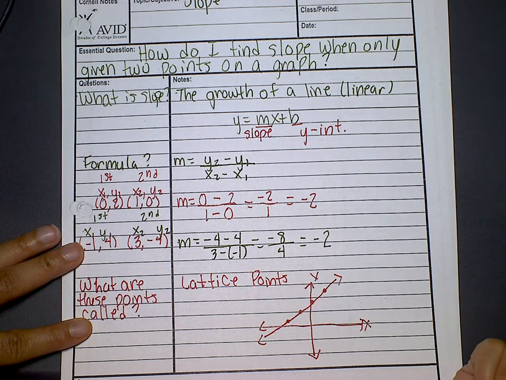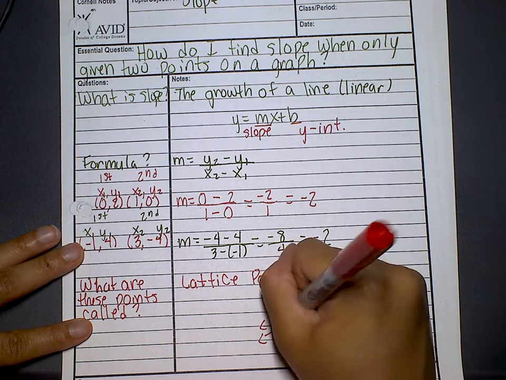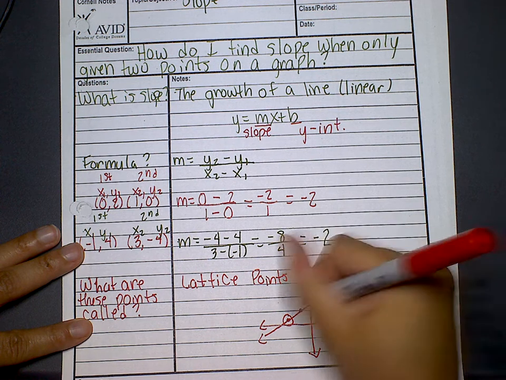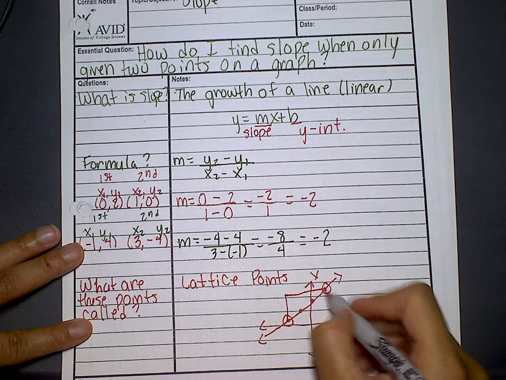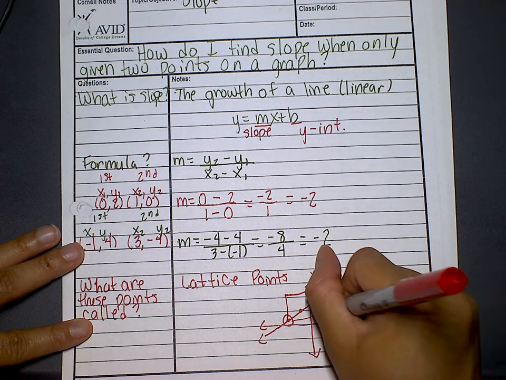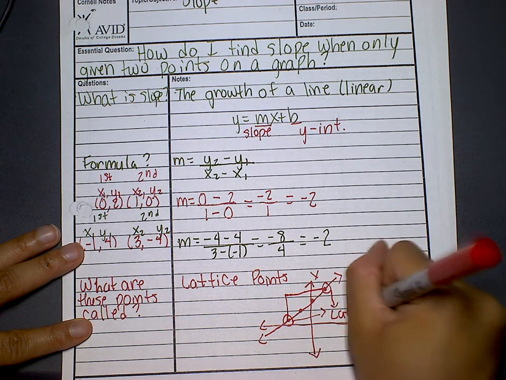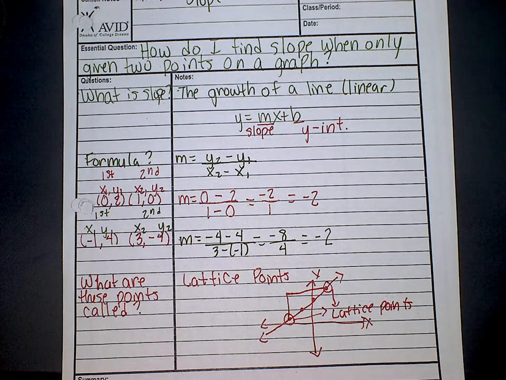Our lattice points would be, if we're going to go from this point to this point, and we wanted to find what our rise and our run is, both of these points are called lattice points. Those are the points in which you make your calculations.